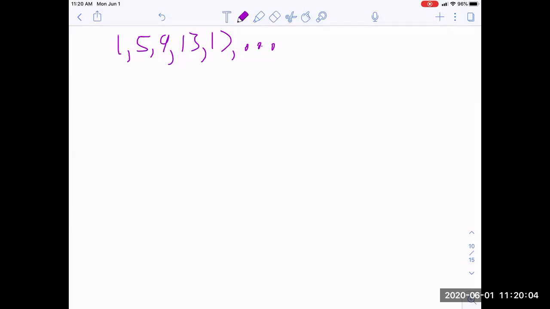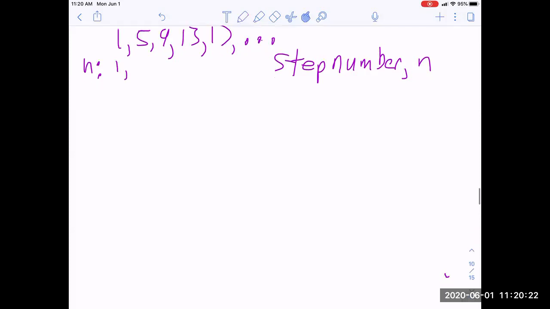I'm going to add the step number. So my n values are going to be first step. My term is 1. Step 2, step 3, step 4, step 5, and so on.